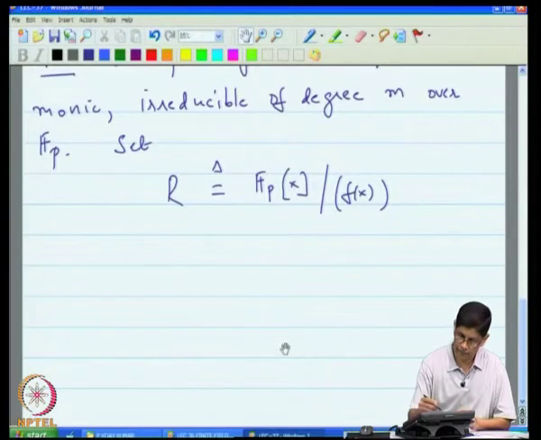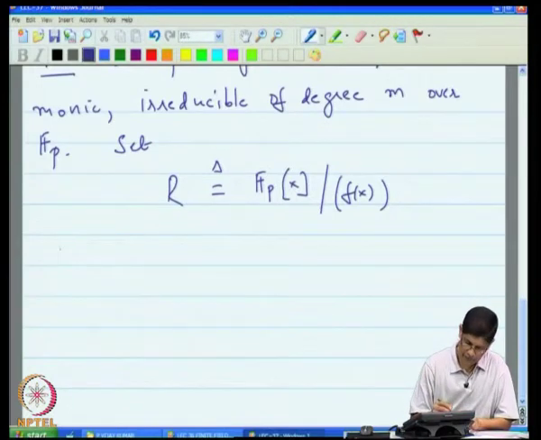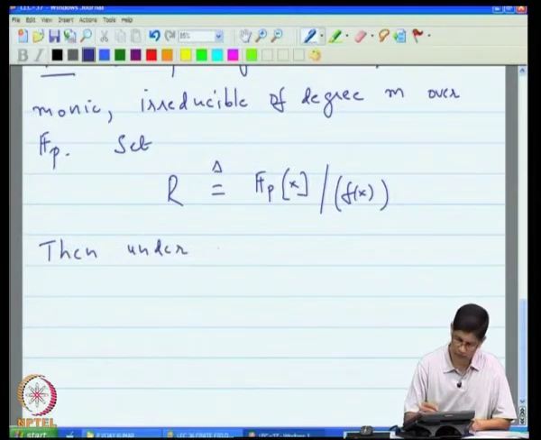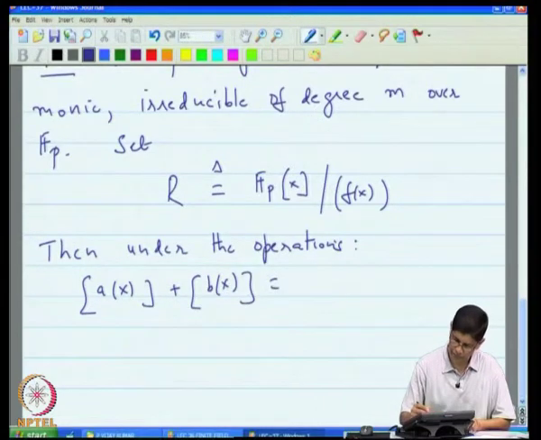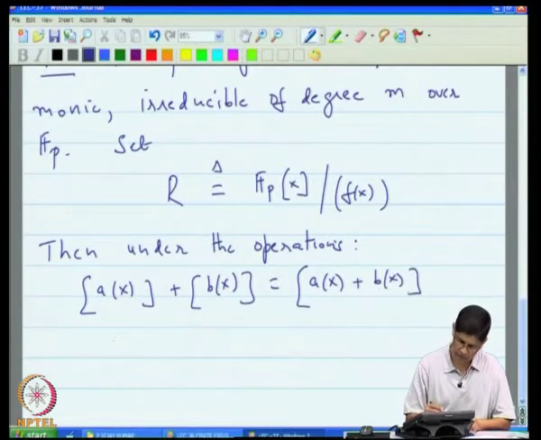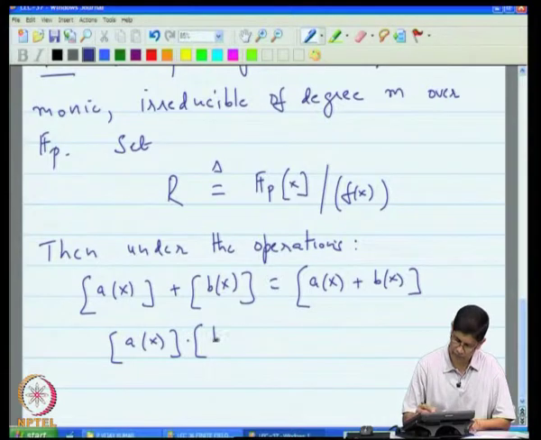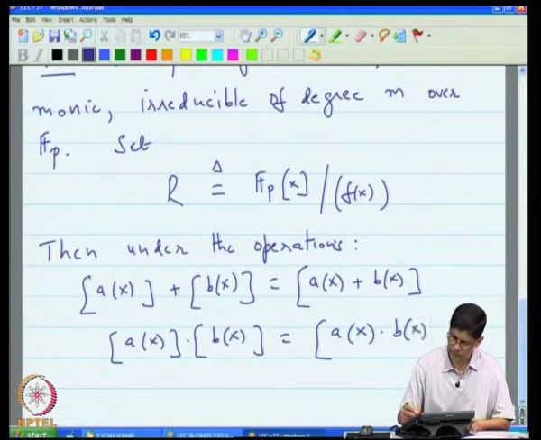Now with respect to that notation, under the operations, a of x plus b of x is equal to a of x plus b of x, and a of x times b of x is a of x times b of x.